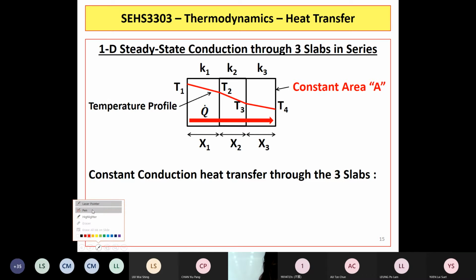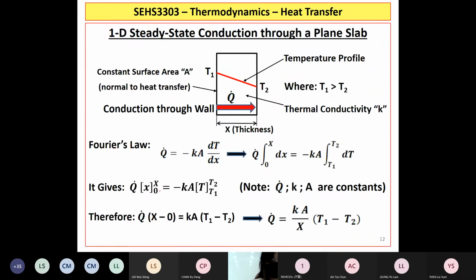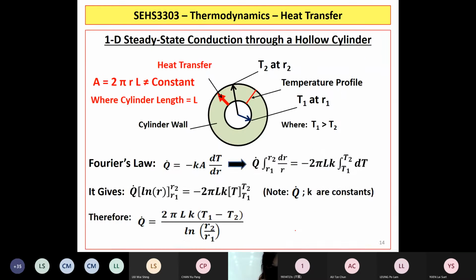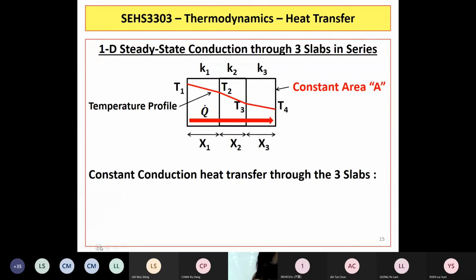So by using this equation, from surface 1 to surface 2 equals T1 minus T2 over X1 over the thickness, right?